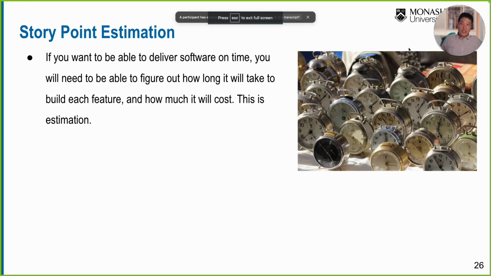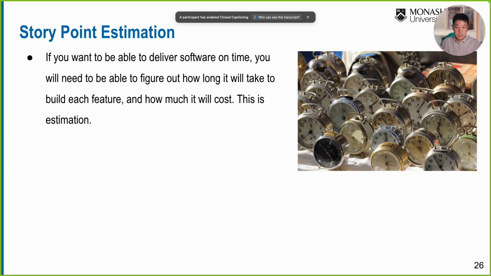So why do we need to estimate the story point? Why do we need to estimate the task? Because if you want to deliver the software on time, you need to figure out how long it takes to build each feature and how much it will cost. That's the purpose of estimation. If you don't estimate, you won't get the right quote, you won't get the right project planning, and you won't deliver the features on time.